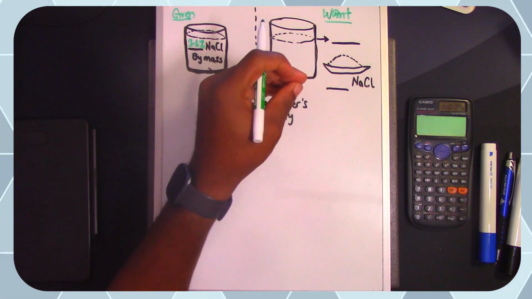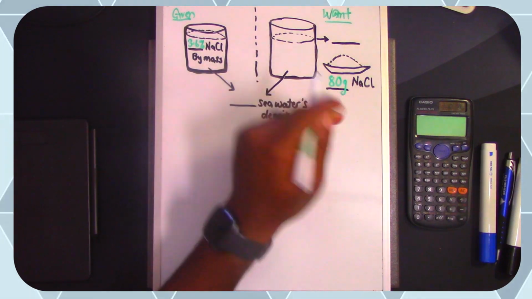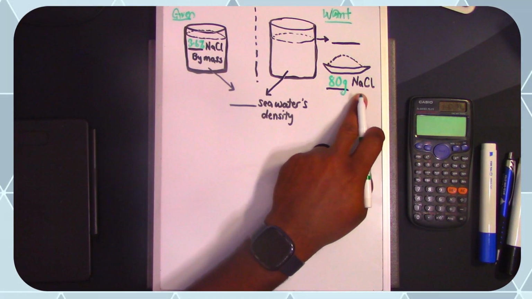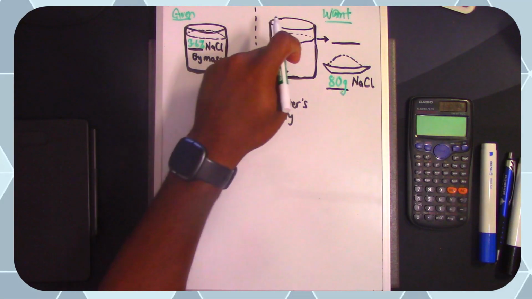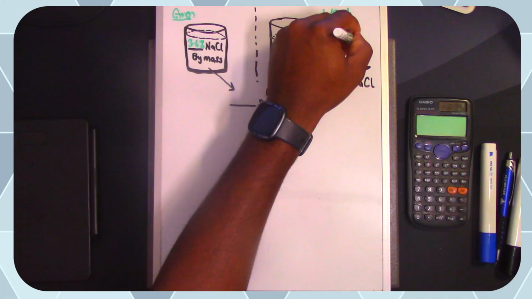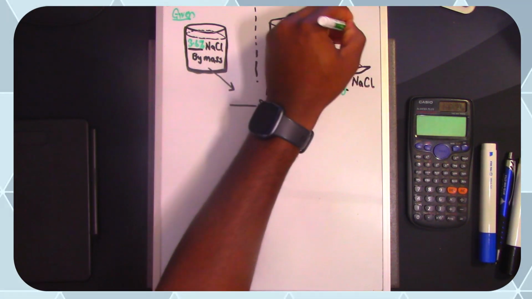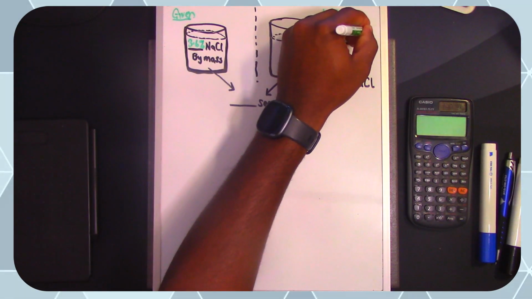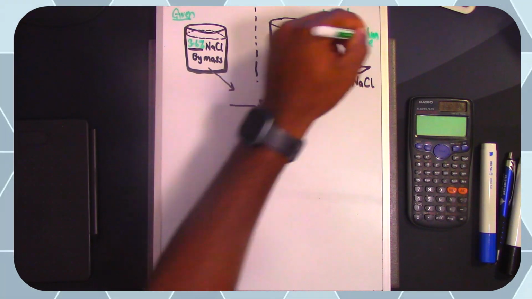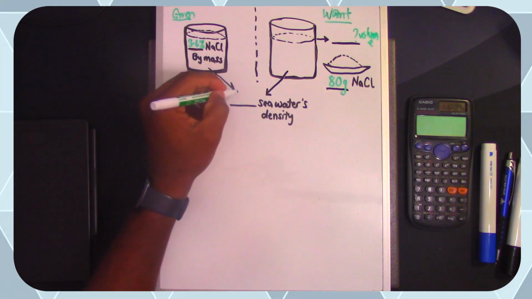Now the question says that we need to get around 80 grams of sodium chloride, but now the question is, what is the volume that is going to be needed for us to extract 80 grams of this particular sodium chloride in seawater?